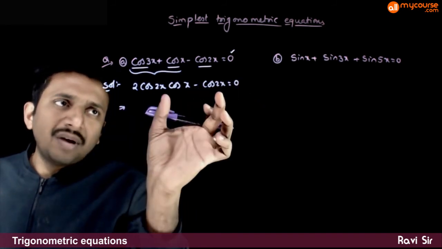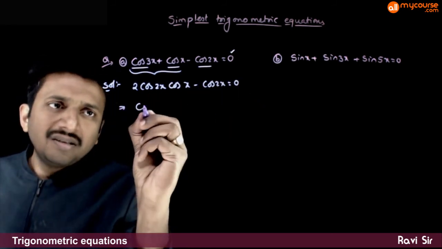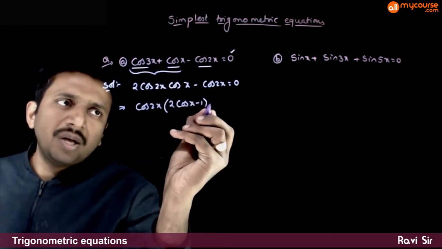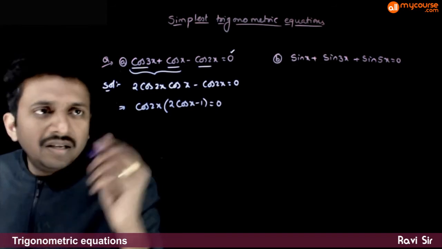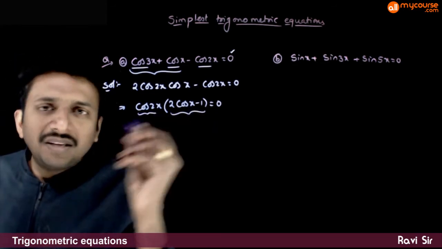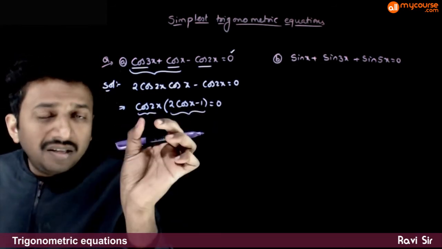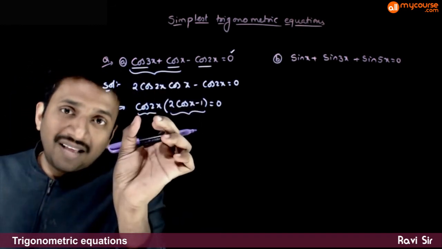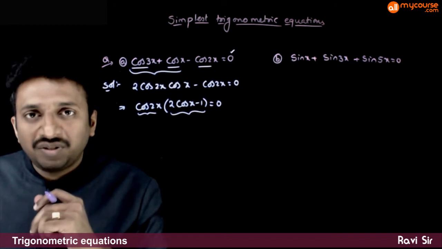So this implies you have cos 2x here as well as here. So if I take cos 2x common, you have 2 cos x minus 1 is equal to 0. So something into something is equal to 0. You have converted the sum into a product. Now I can draw the conclusions. Either this has to be 0 or this has to be 0.